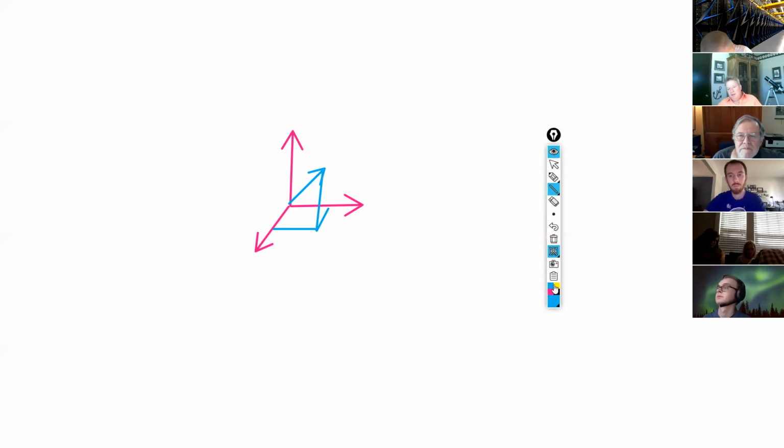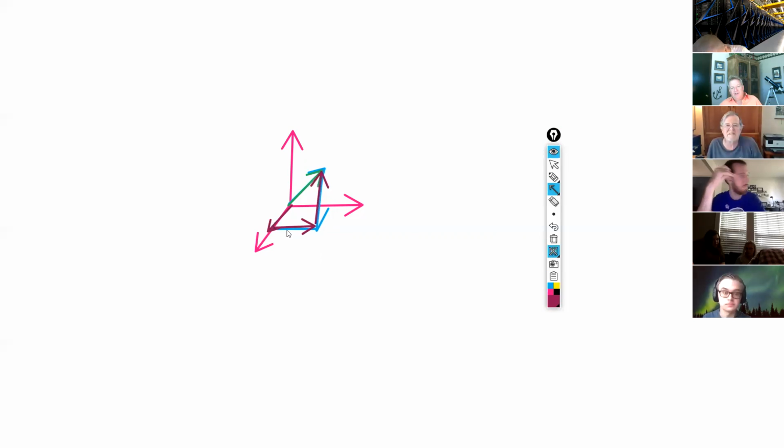Does that make sense? Actually, let me go ahead and do this. It might be easier to see. Do you see how this vector is sticking out of the plane? It has an X component, a Y component, and a Z component. It's a three-dimensional vector. So this green vector is a combination of air going this way, this way, and this way.